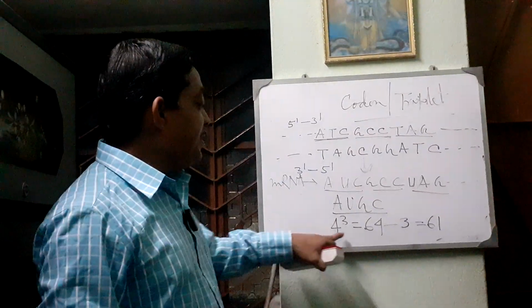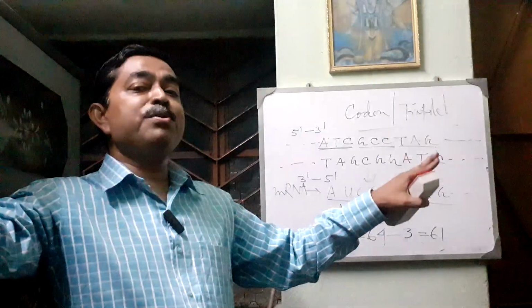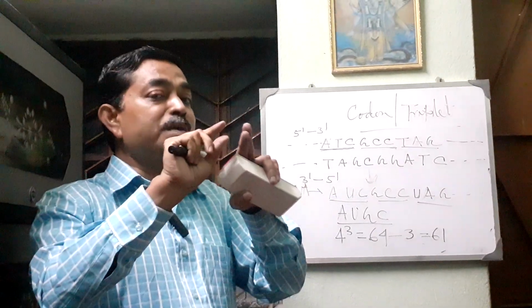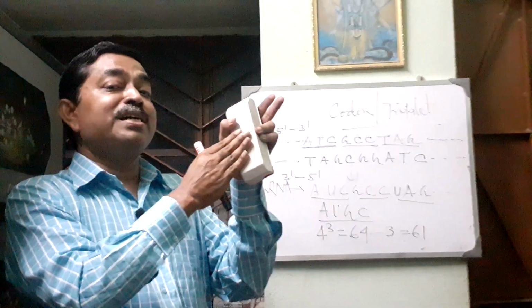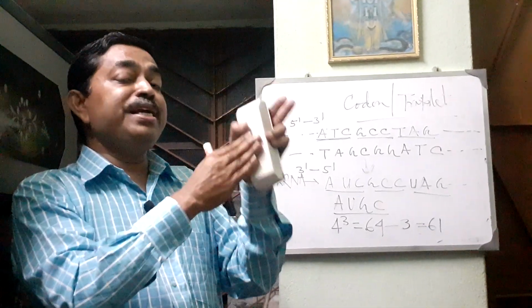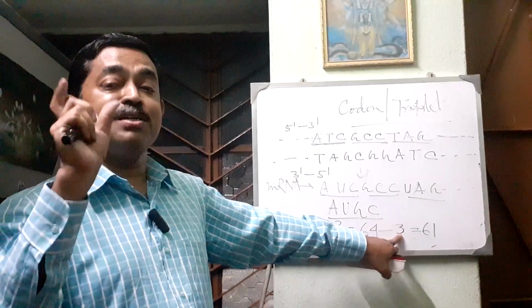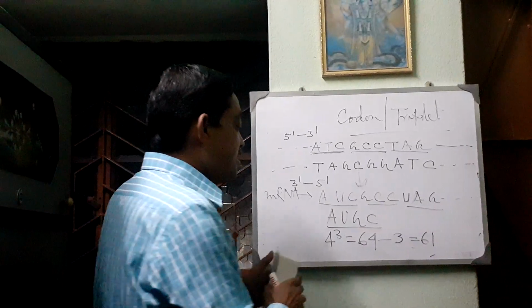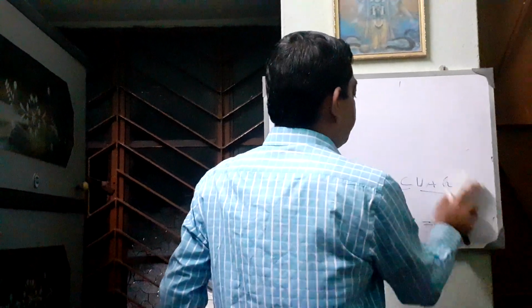In any amino acid chain there should be some terminating codon where we have to stop the gene reading. When the gene is read, these three codons are identified, and these are the terminating codons. I will show you which they are, so you can understand it better.